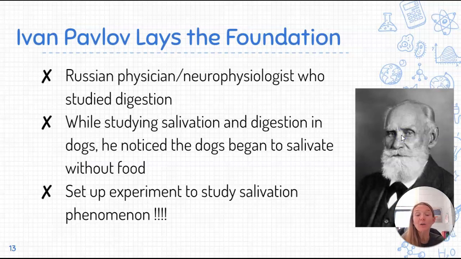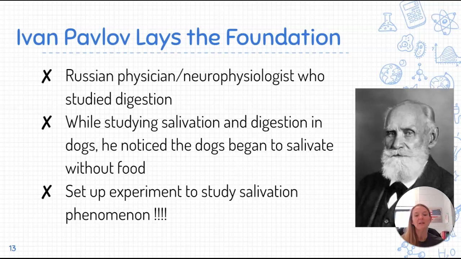You are not recording this slide, but I do want to remind you about Ivan Pavlov, because he's the father of classical conditioning, and he didn't even do it on purpose. He just fell upon it. So you do need to know who Ivan Pavlov is, but not these specifics. Remember, he was a Russian physician and neurophysiologist. He was studying digestion, and he accidentally came upon classical conditioning.